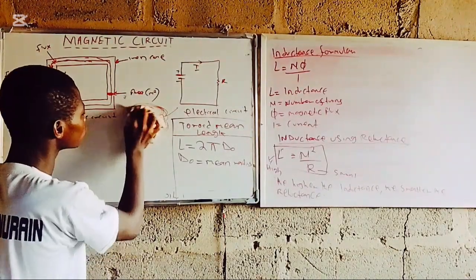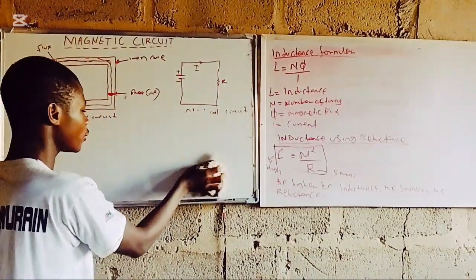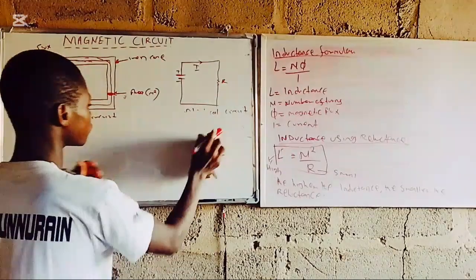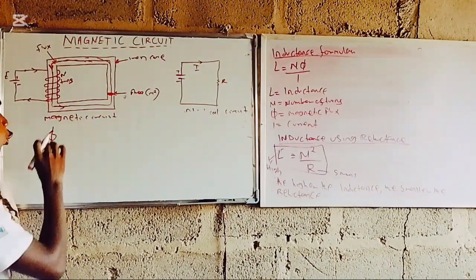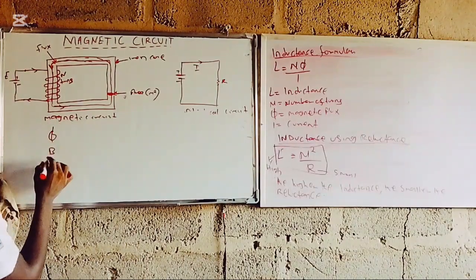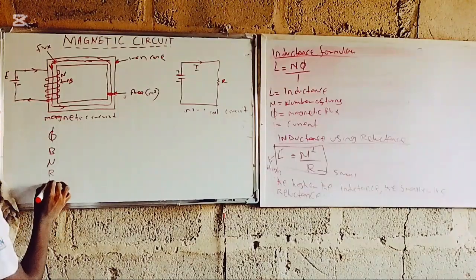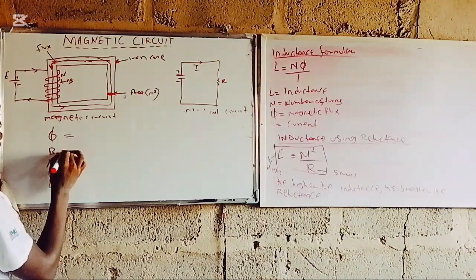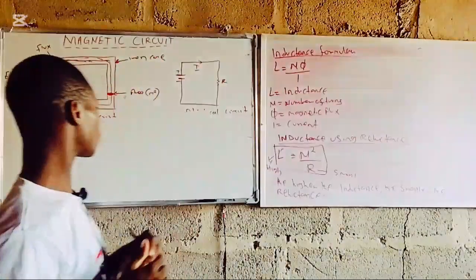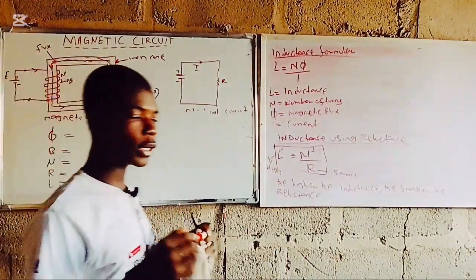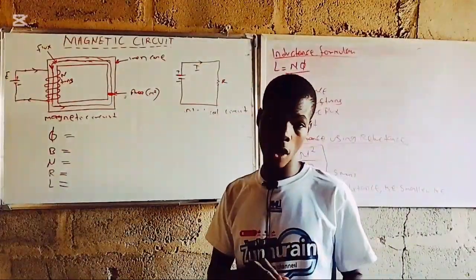I need you to know some units. We have magnetic flux, flux density, mu, reluctance, and L. What will be the unit of each? Because when you are doing a calculation without a unit, no answer. No unit, no answer.